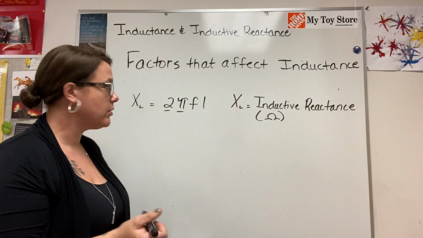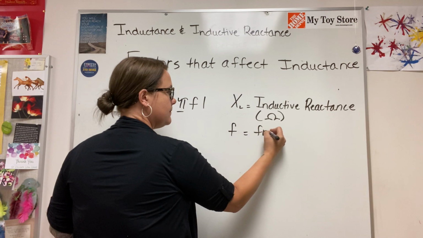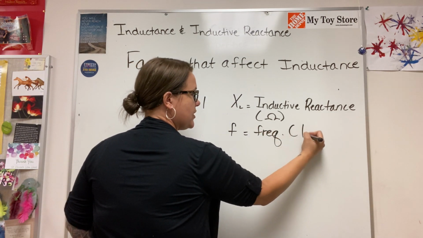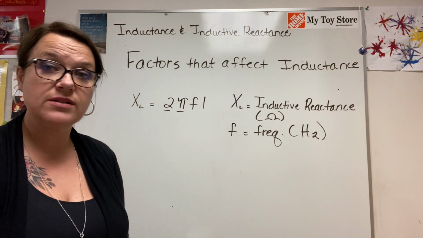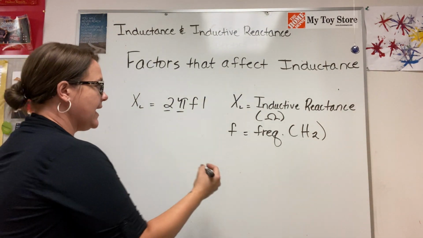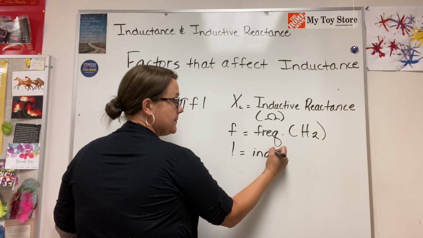Pi is your 3.14. F is your frequency, and that's measured in hertz. Typically you're using 60 hertz, but be aware that they can change that. And then L is your inductance in henries.